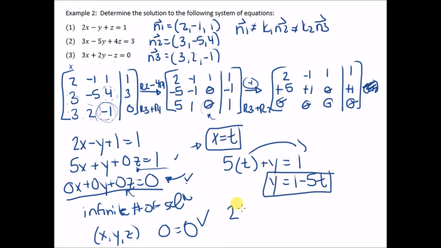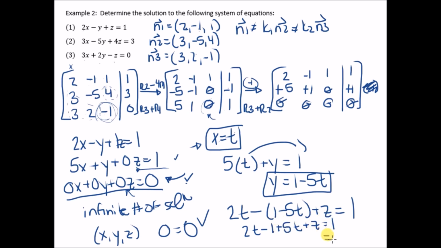Now row 1, 2x minus y plus, oops, this is 1z, sorry, plus z equals 1. So this is 2t minus 1 plus 5t plus z equals 1. Let's bring everything over.